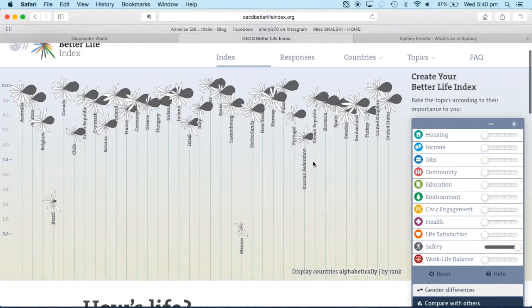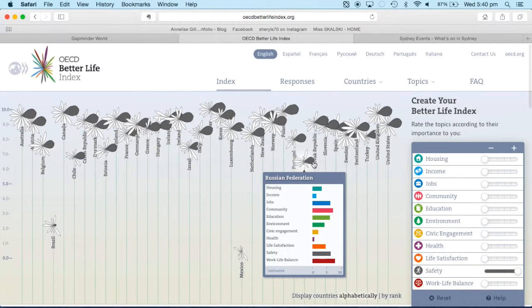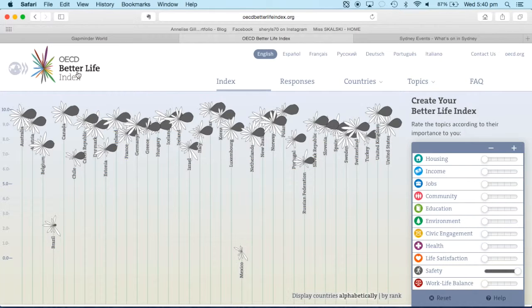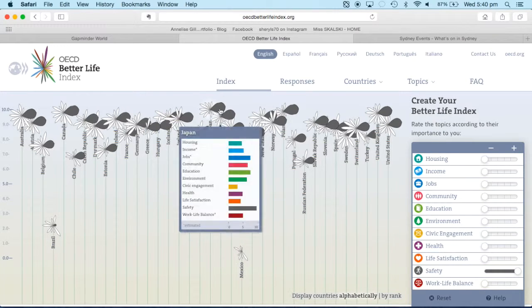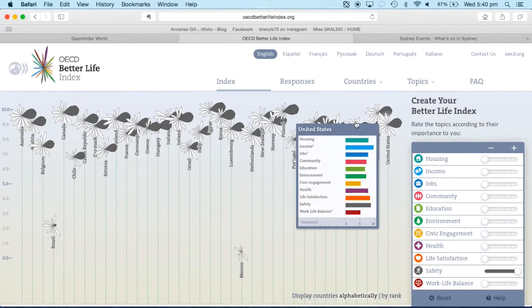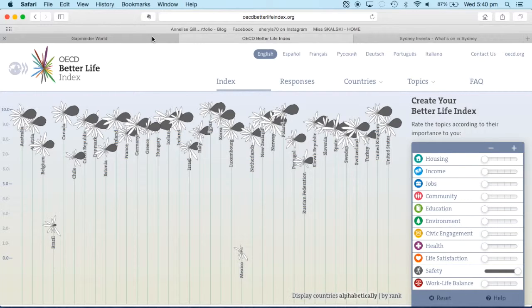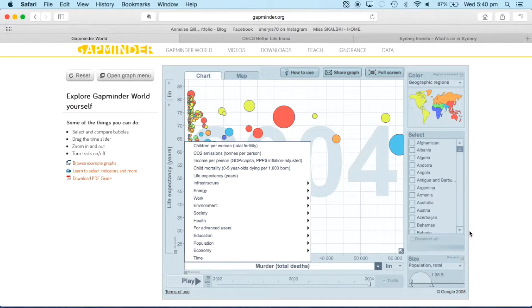Oh, and also remembering that the Better Life Index doesn't actually look at all the countries of the world. It only looks at the countries that belong to the OECD. So that's why China and India aren't on there. Okay, so Gapminder might end up being the best one for that. So that will give you the crime.